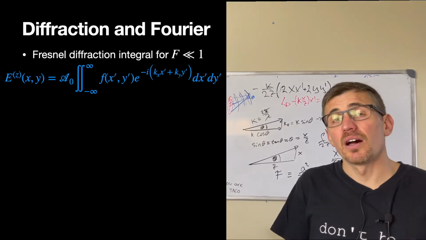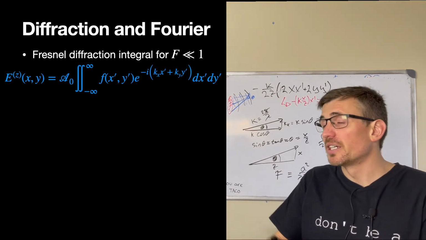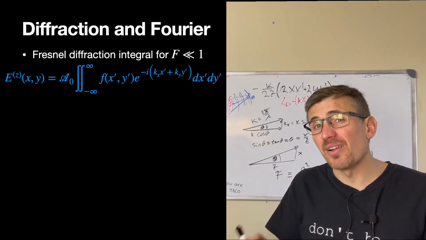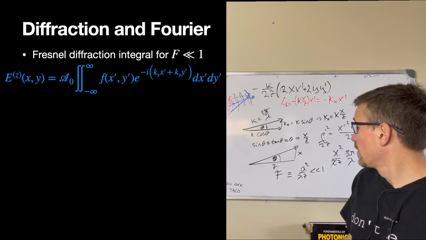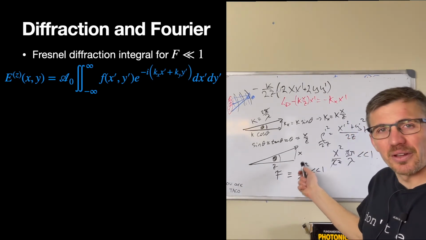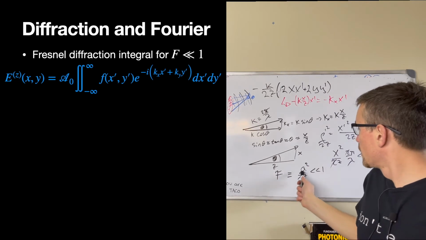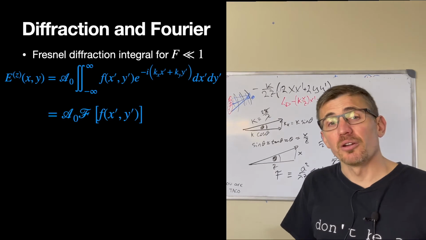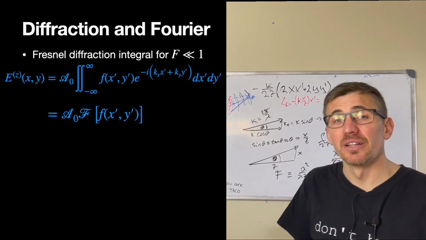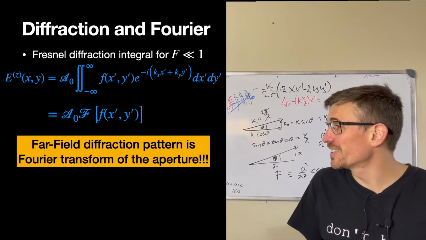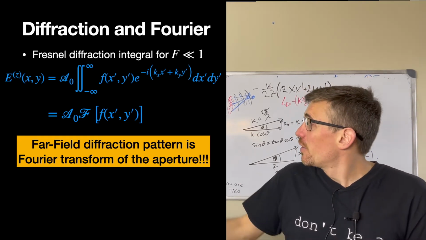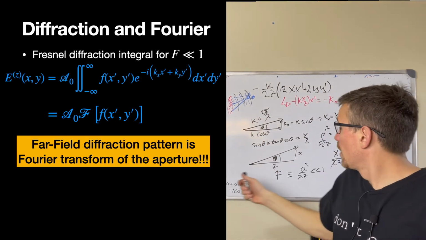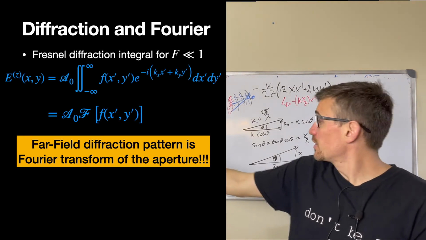We look at that Fresnel diffraction integral, this general case of diffraction, under the condition that we have a small Fresnel number, basically the area of your aperture divided by the wavelength times z being much less than 1. We can neglect that term and we get an expression for the far field distribution pattern. This is great. This is like the basis of all diffraction theory. What we see a distance away when we have a distribution of light, as long as this condition holds, is just the Fourier transform of it.